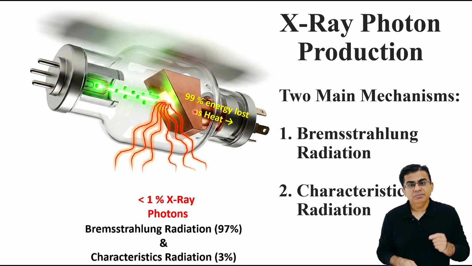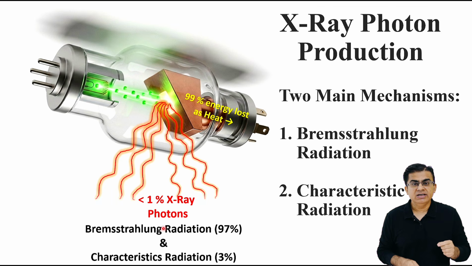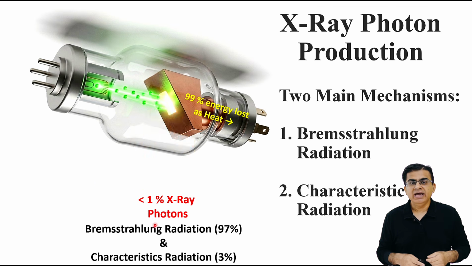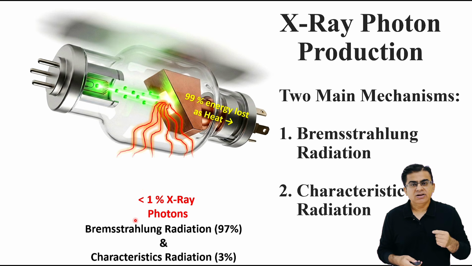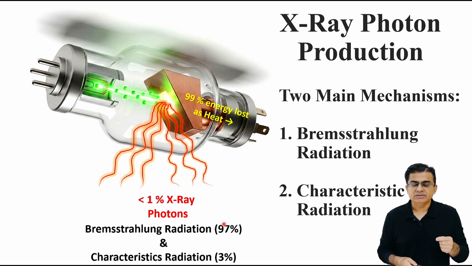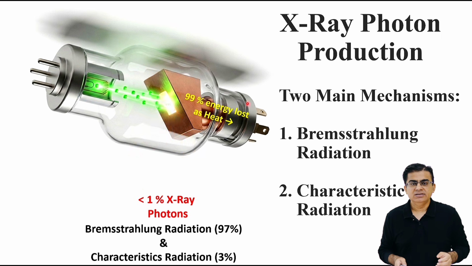Only less than 1% of that energy is actually successfully converted into useful X-ray photons, which is used to take diagnostic images. So, in a diagnostic X-ray machine, the ratio is 99% versus 1%. 99% energy is lost as heat, and the remaining 1% becomes X-rays, which we use clinically to take diagnostic images.